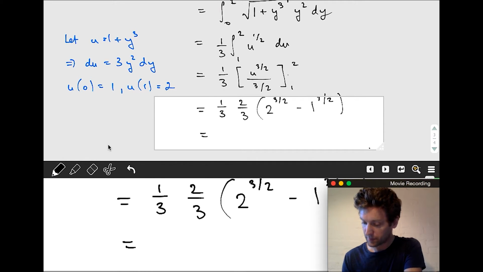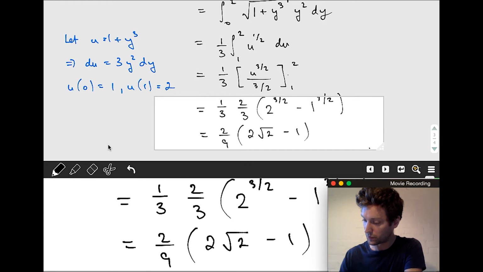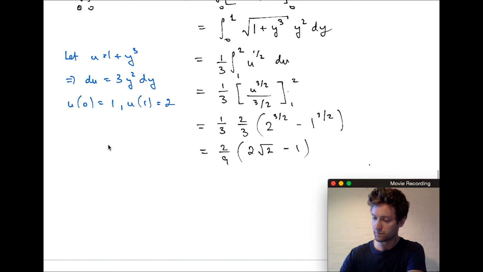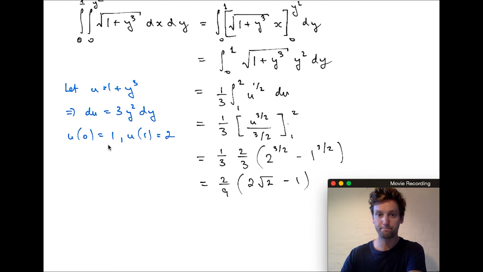So we get 2 over 9 times, 2 to the 3 over 2 is 2 root 2, minus 1. So that's our solution for question 1.